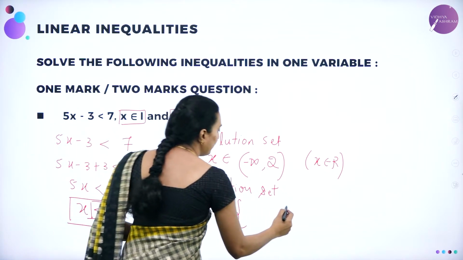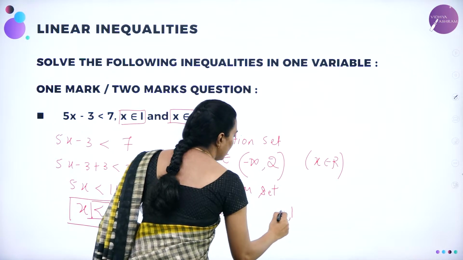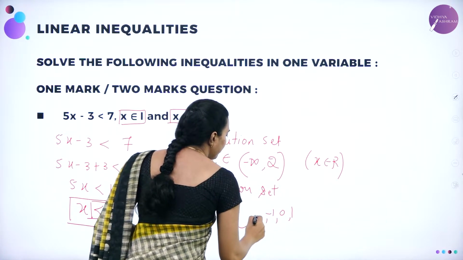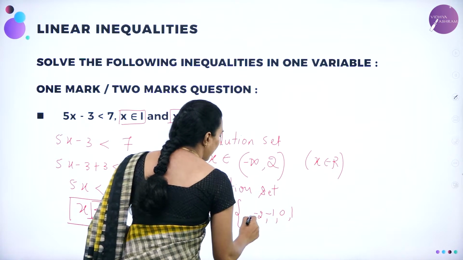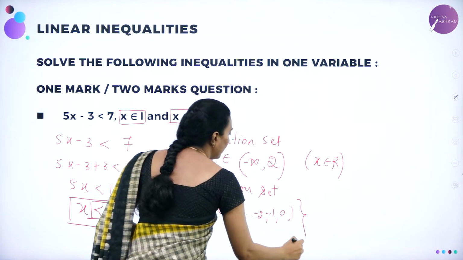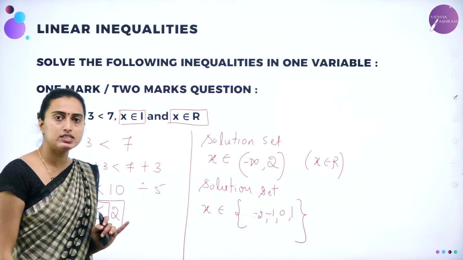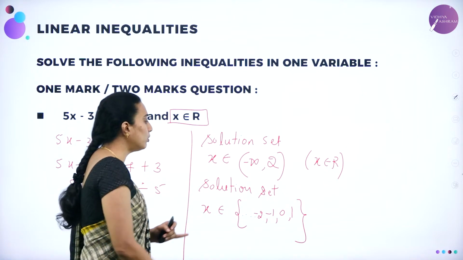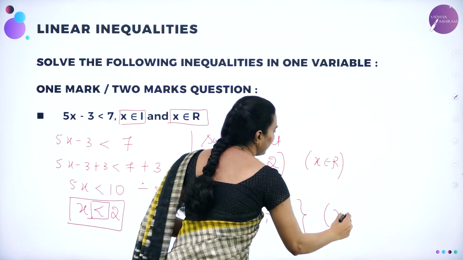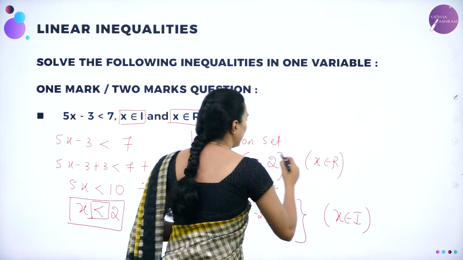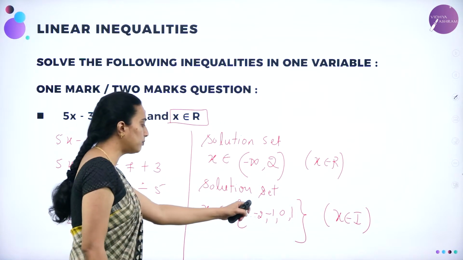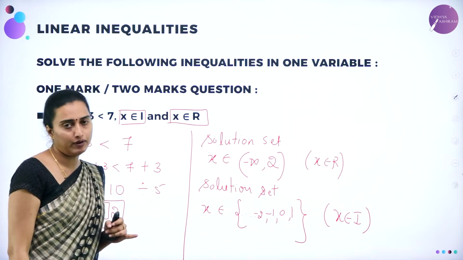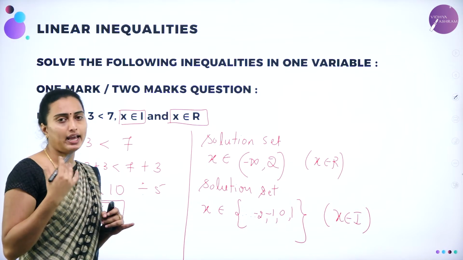Except 2, you have 1, you have 0, you have minus 1, minus 2, etc. Understood? This is how you are going to write the solution set when they have given x belongs to integer. Within the flower bracket, you are going to write some elements.